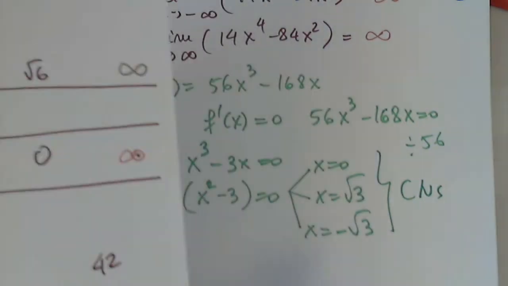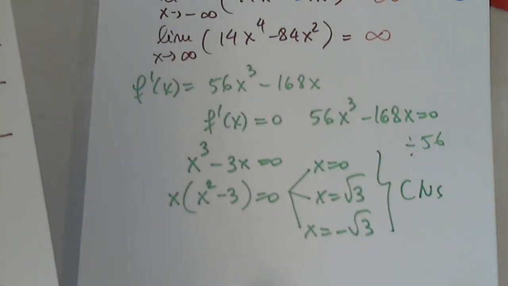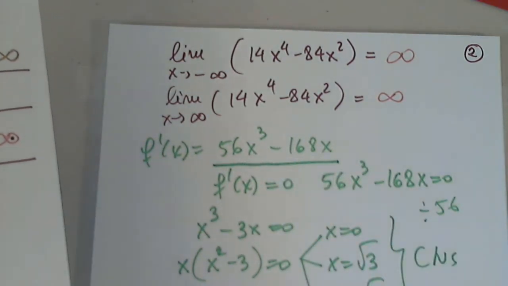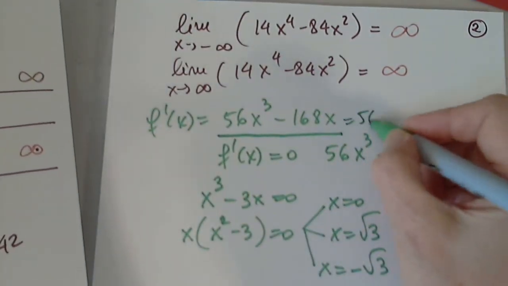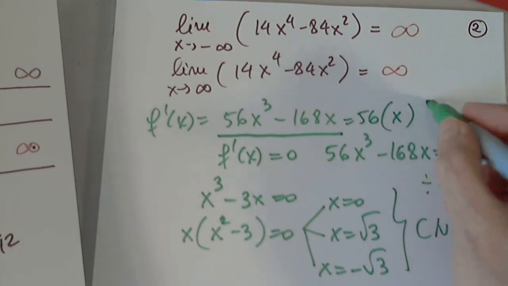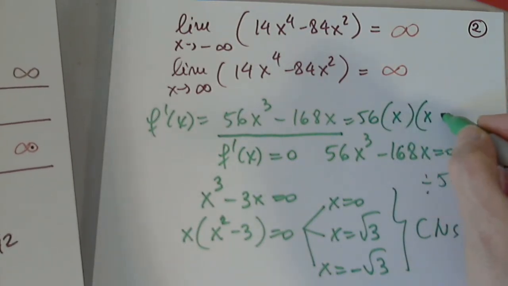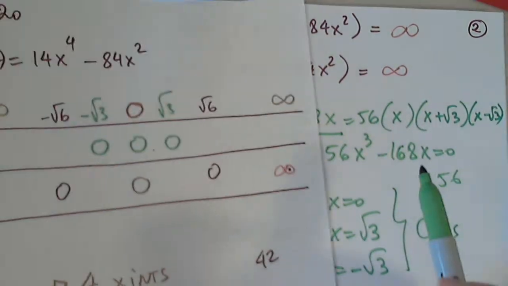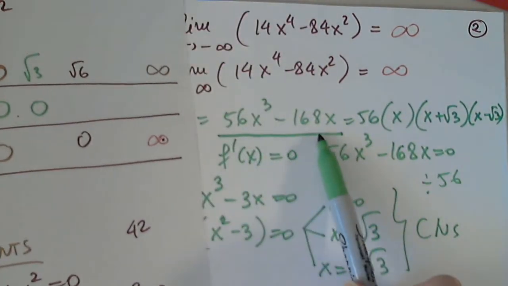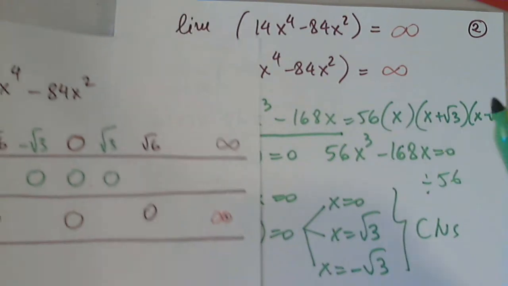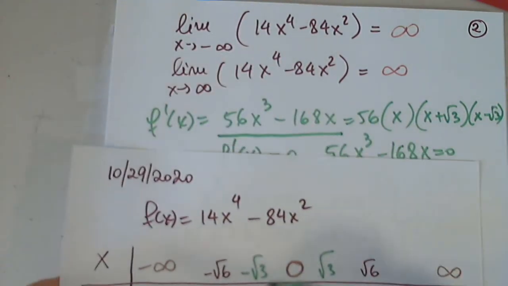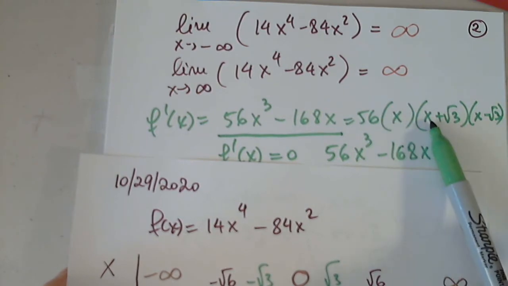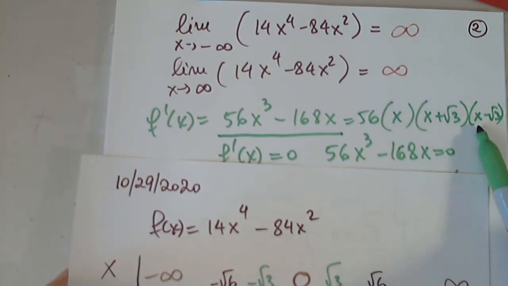I put them in the table, and I have to study the sign. Of what? Of this. You don't have to. You can just put it in the graphing calculator and punch in numbers. So if I select negative 10, this will be negative, this will be negative, and this will be negative.